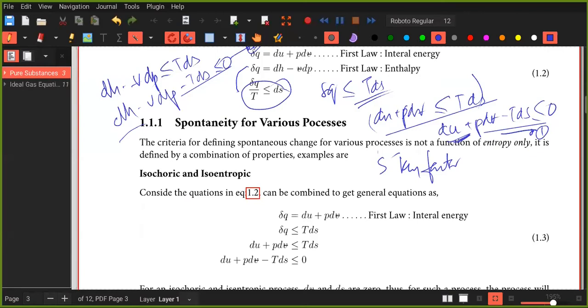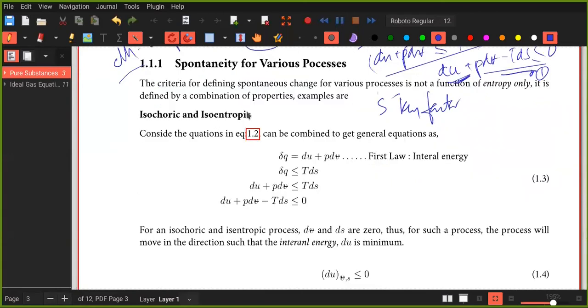Okay, so by using these, we'll look into certain special cases. We'll take some special case examples. First is the example of an isochoric and isentropic process. These are all special cases.